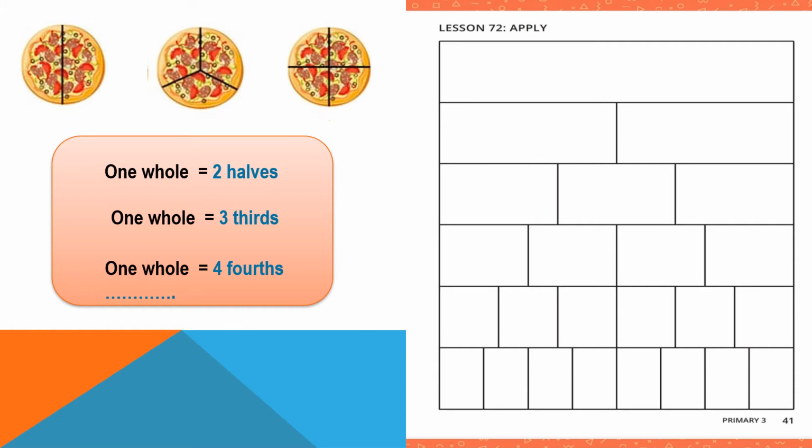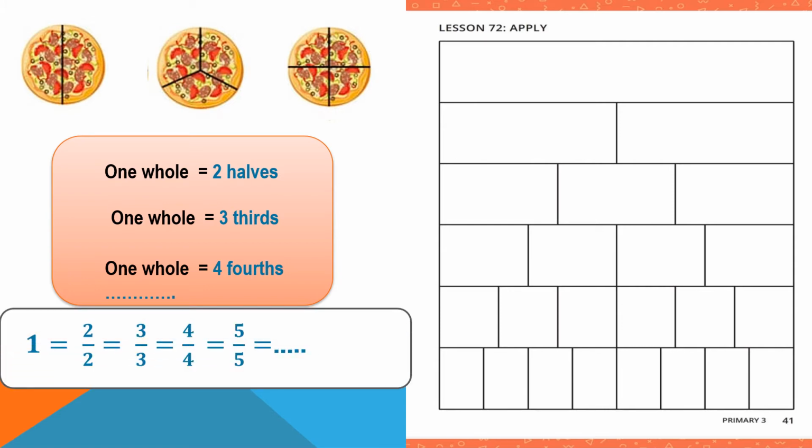So how many fifths in one whole? 5 fifths, 6 sixths, 7 sevenths, 8 eighths, right? Okay. And we can write it like this.